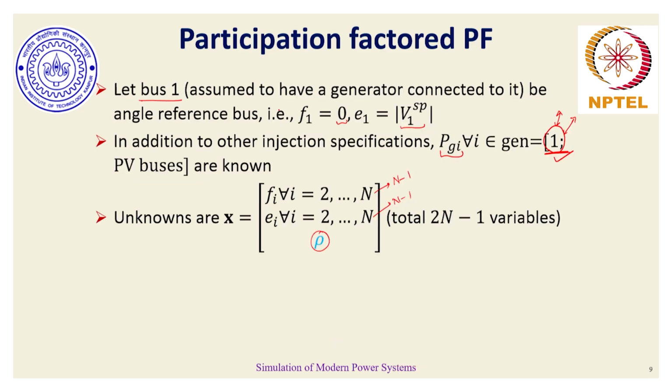This unknown gets added to the x vector. So my 2n-2 variables, with one more variable coming in, result in 2n-1 variables, which means that in power flow for participation factor consideration, I should have f of x, which is also of dimension 2n-1 cross 1.